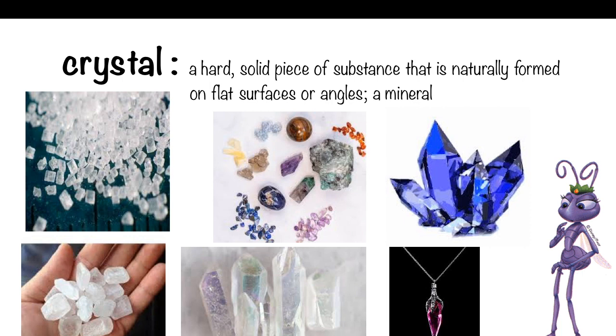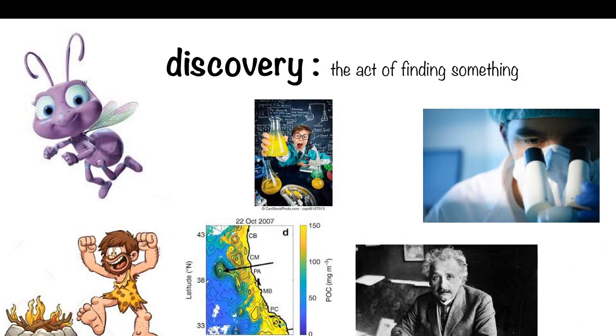Or that crystal has an amazing blue color. Did you know that crystal is a mineral? What is a crystal? Crystal is a substance that is hard and solid and is found in nature. So, that's a crystal. Let's go to the next one.